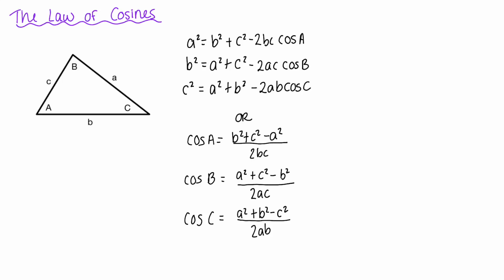So it's a nice formula in that regard, but the formulas are a little bit messy. This is the traditional setup of the formulas, and this is the alternative way you can write it that makes it a little easier to solve for the angles. So let's just get straight to using them in an example.